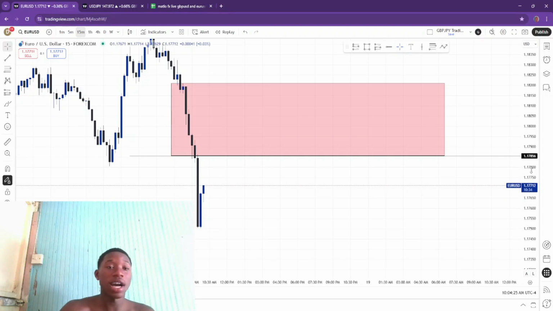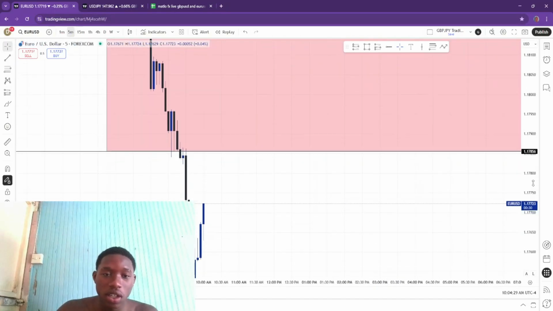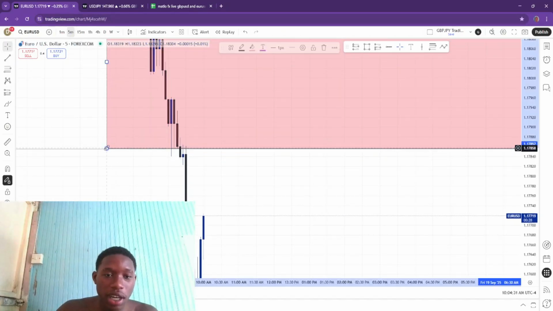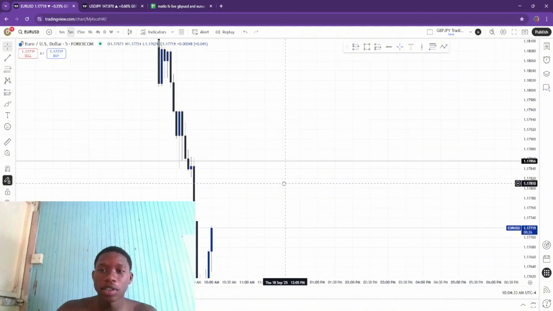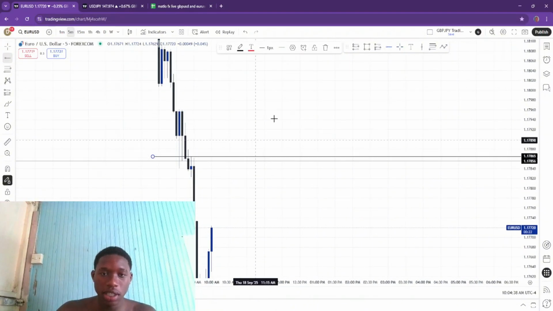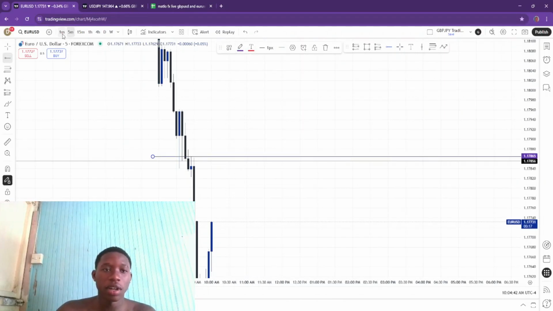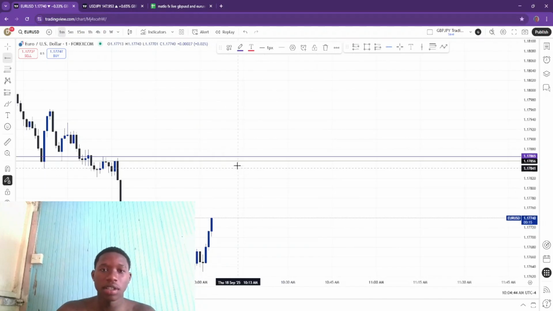There's a 5 minute high just above that zone that we're going to be targeting, because we removed that red box there as it was crowding the area. Let's see what price does when it reaches that level.